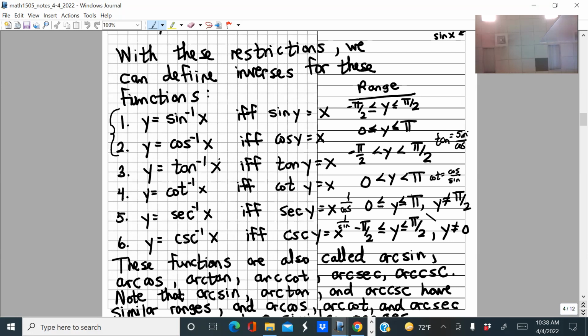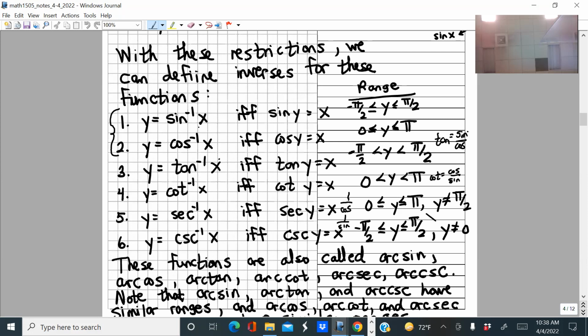And the effect of that on the inverse is you have to be careful and know the range of your inverse trig functions. This is just something you have to memorize, okay? Because it turns out to be really crucial in problems sometimes.